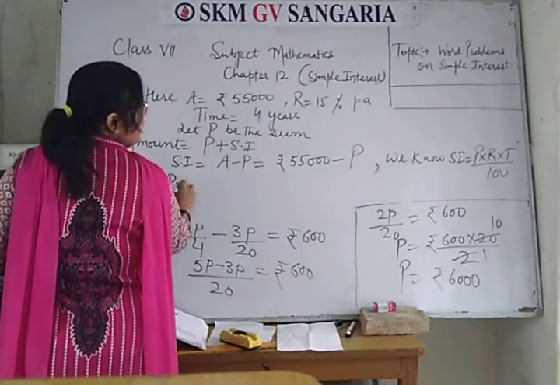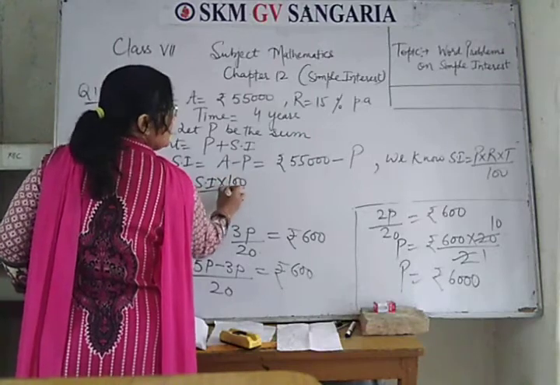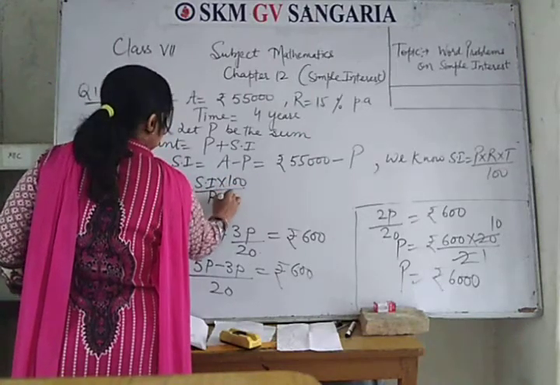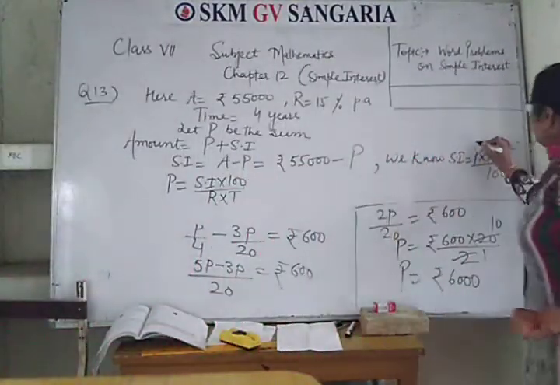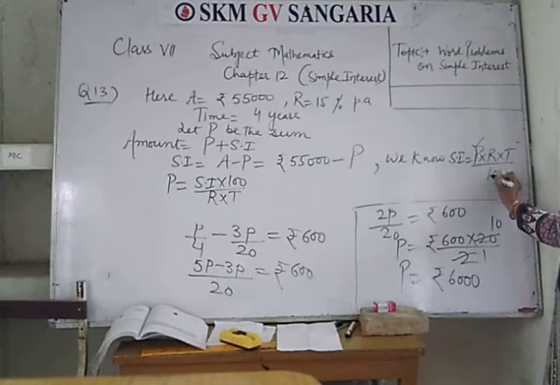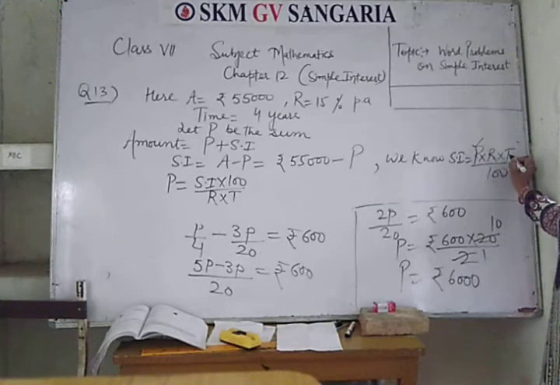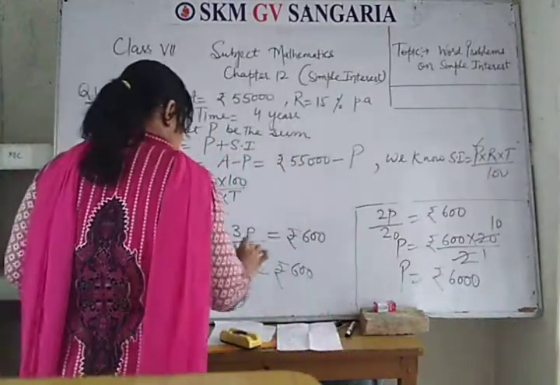So P is equal to simple interest into 100 divided by R into T. Here we are going to get this principal. So cross product here, simple interest into 100 divided by R into T. Okay, R into T, we are given how much?